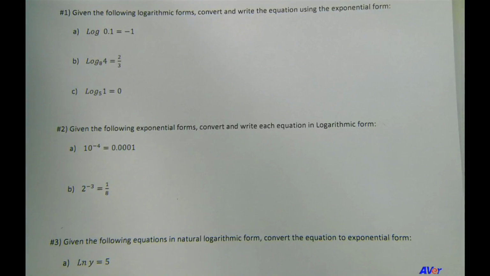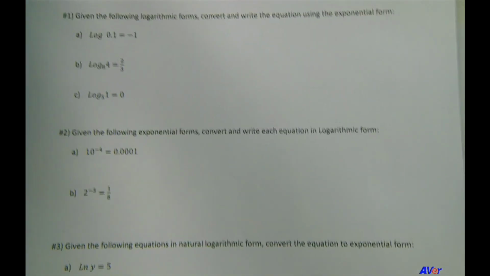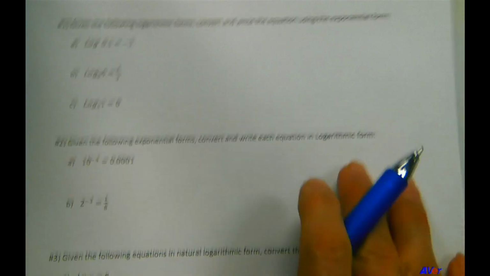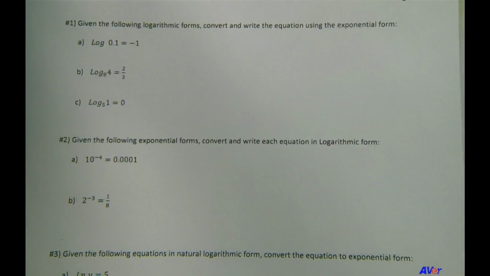So we get to our first example or exercise set of this worksheet. It says, given the following logarithmic forms, convert and write the equation using the exponential form. Okay? So remember what we said. That one page is so important.